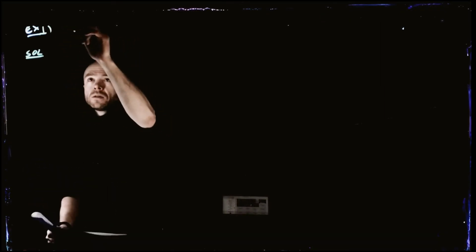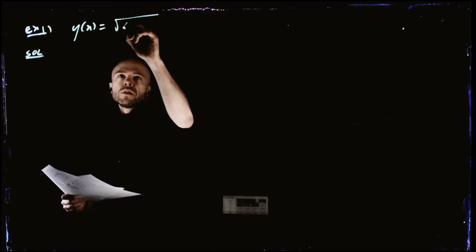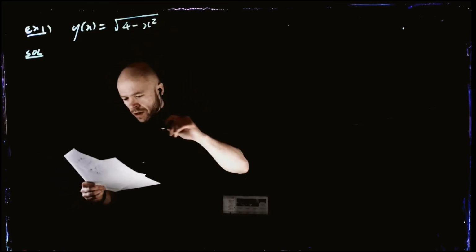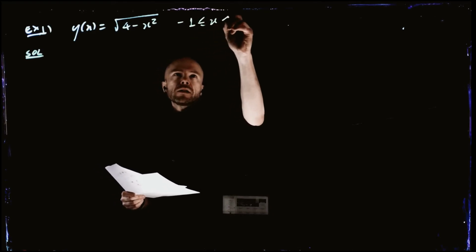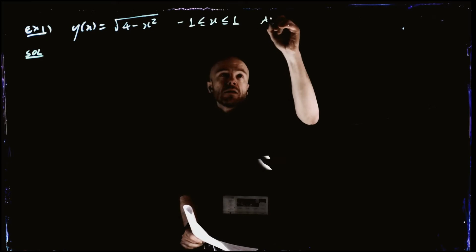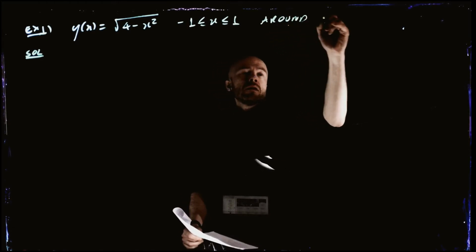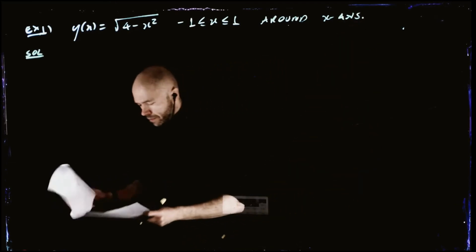We're going to rotate y of x, which is equal to the square root of 4 minus x squared, between the range -1 less than x less than 1 around the x-axis. Okay.